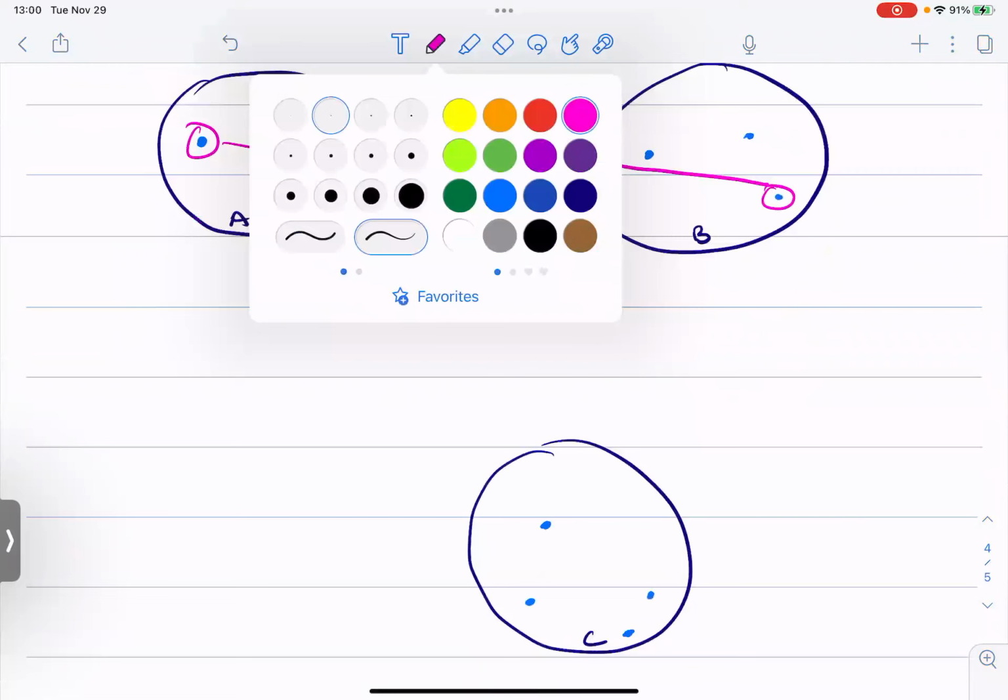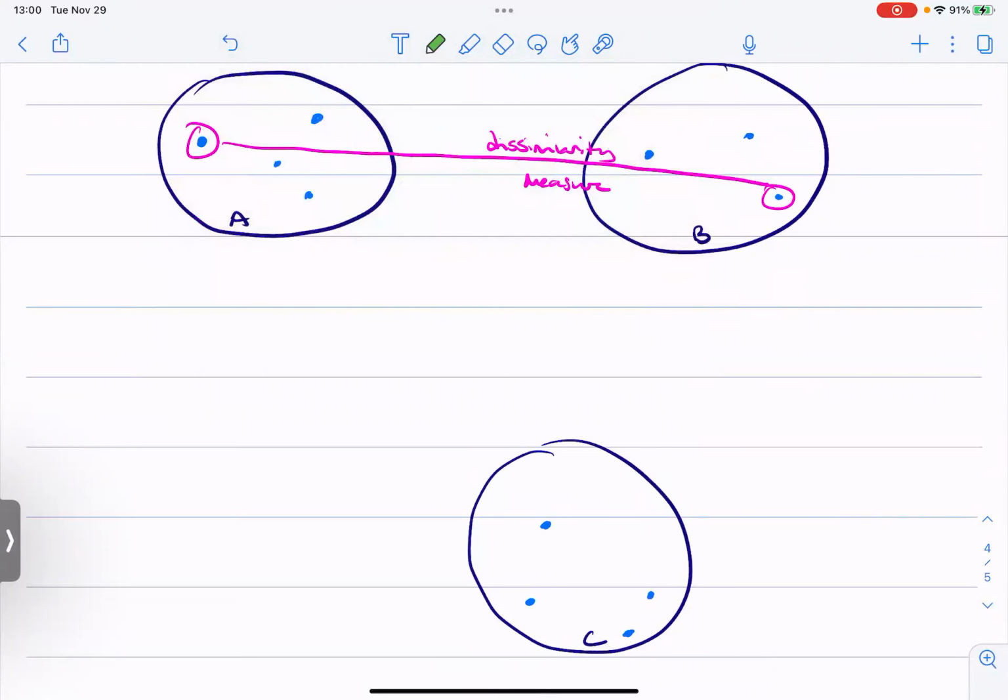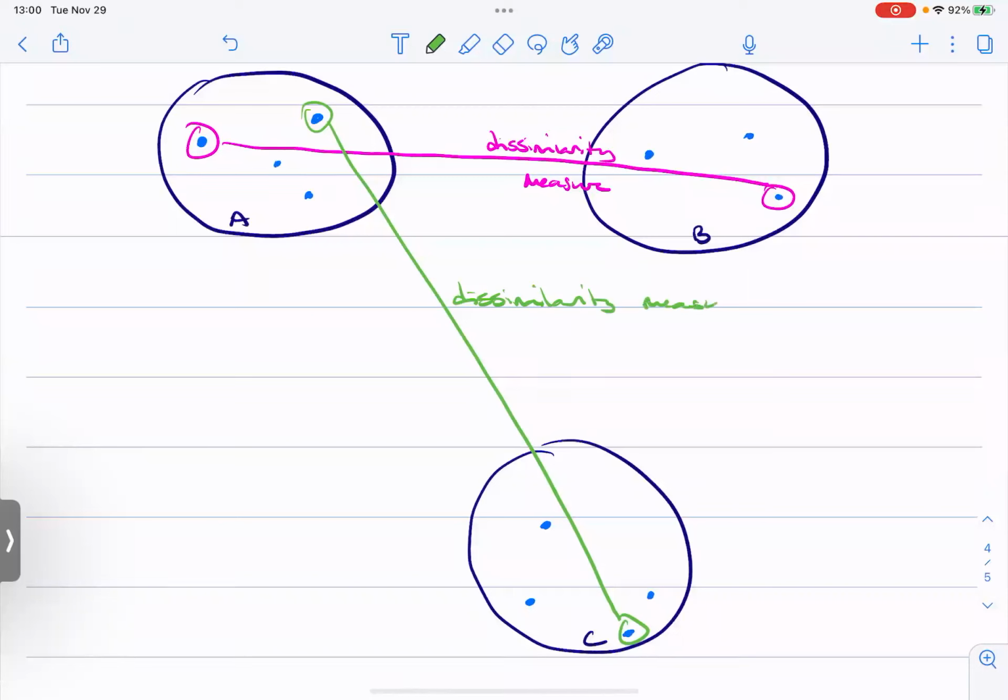And if I'm looking at A and C, the point furthest away from A, let's say, or C is this one, and then this one. So now if I had a choice, I'm going to lump clusters A and B together because they're the least dissimilar.